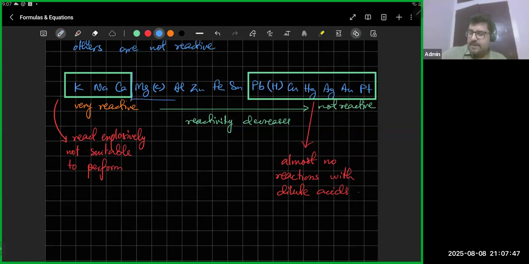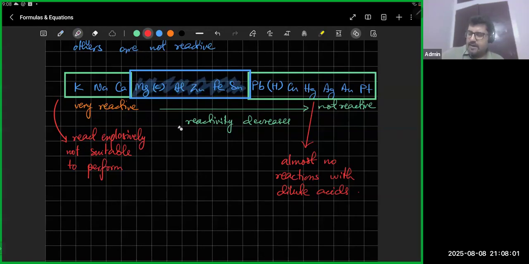The middle ones are the ones that will react normally. It's magnesium, aluminium, zinc, iron and tin. These are the ones that will have normal reactions. They are safe to perform.